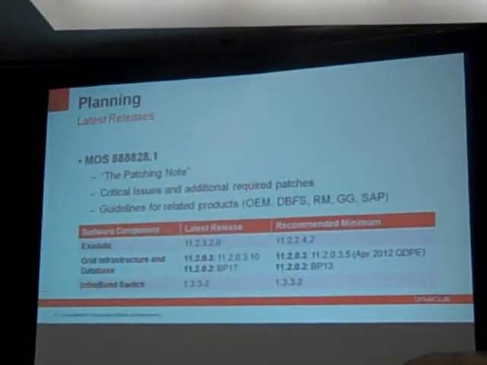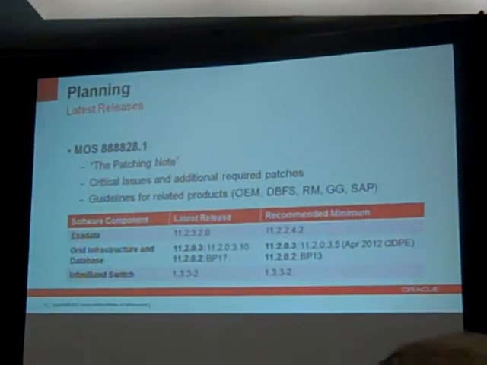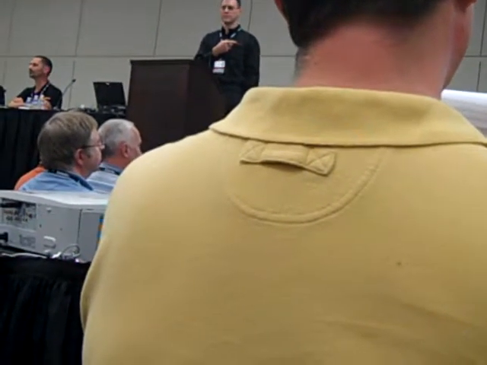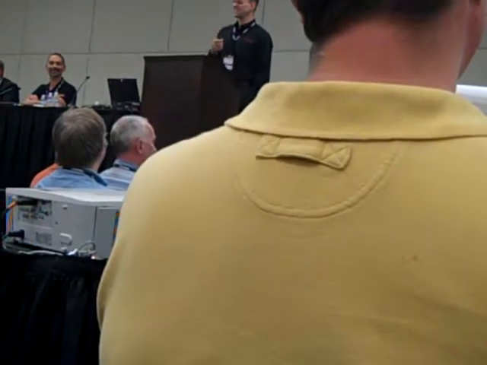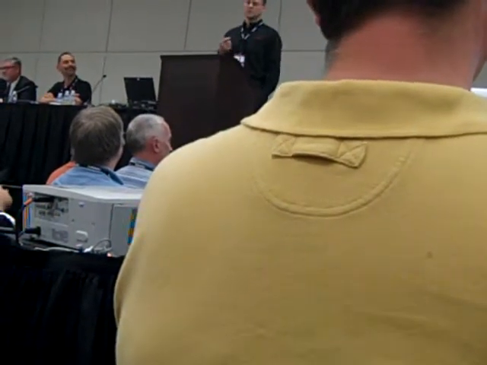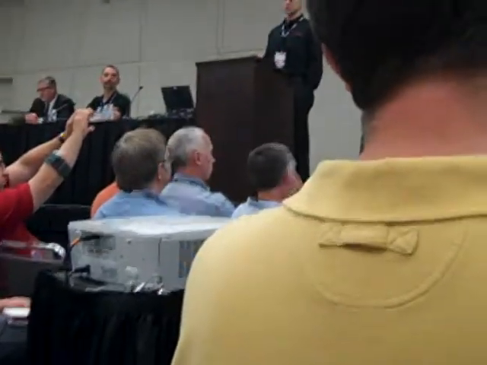So as far as where to find information about Exadata and releases and what's available, detailed information, it's the patching note. Does anybody know this note number off the top of their head? Anybody who's willing to admit it? Okay. There's a lot of information in here. So this is really the starting point.